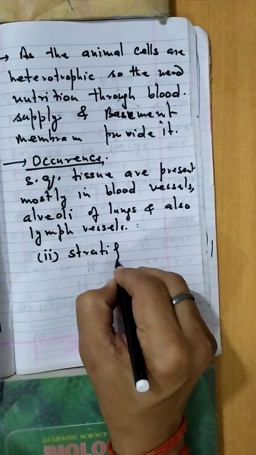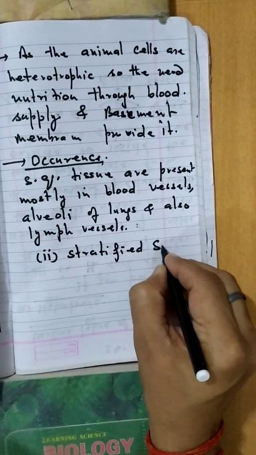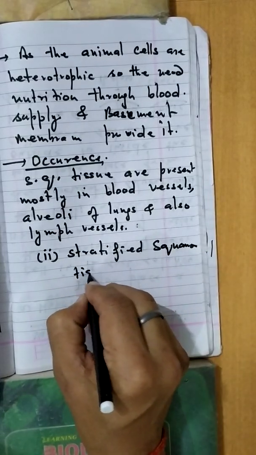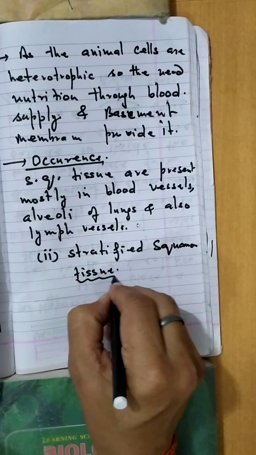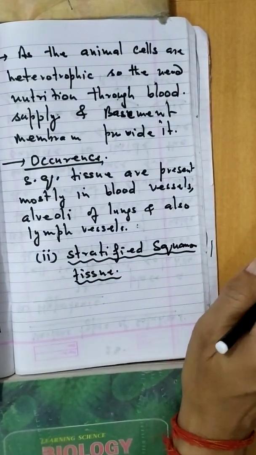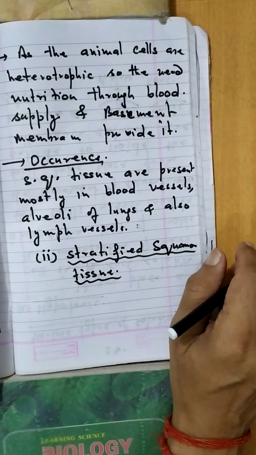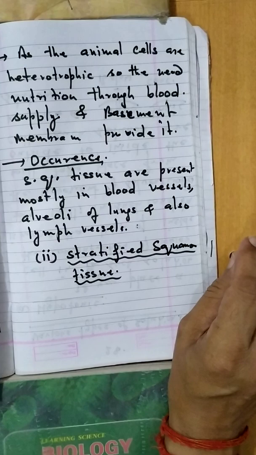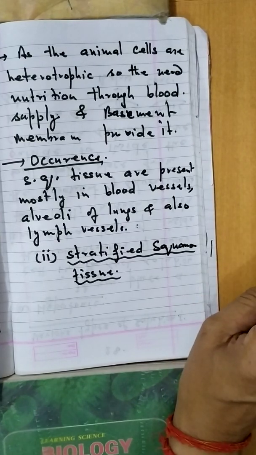stratified squamous tissue. Now first is simple squamous and second is stratified squamous. In a general way, the opposite of simple is complex, but here the situation is different.